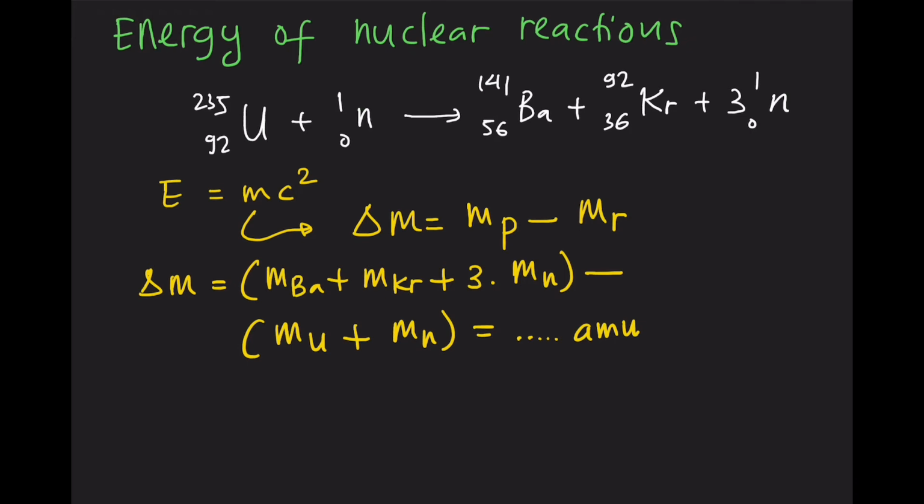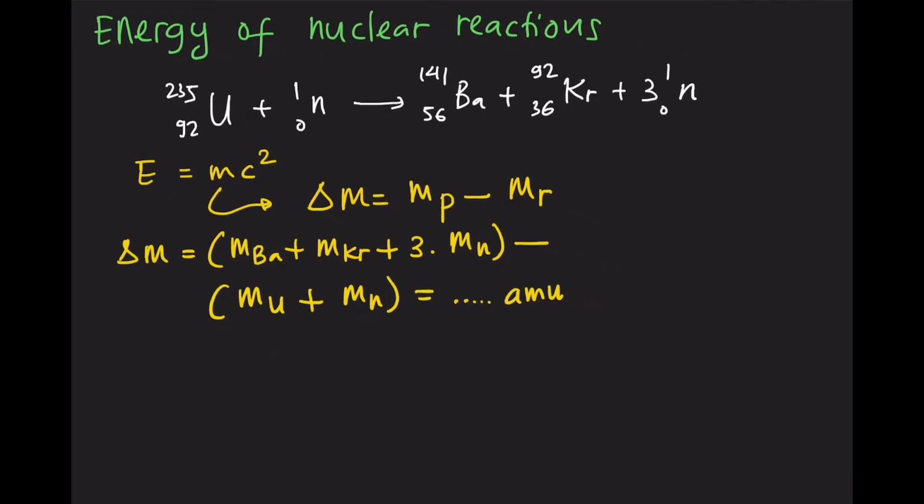To be able to use the Einstein calculations, we have to convert the AMU to kilogram first. And to do this, we have to multiply the value in AMU with 1.6605 multiplied by 10 to the minus 27 kilogram over AMU. So we can cancel out the AMU.